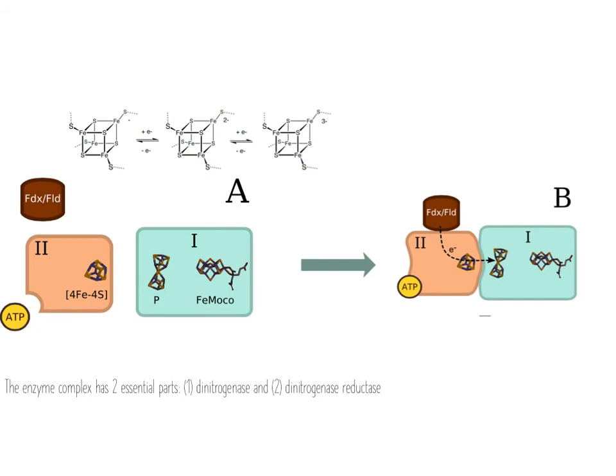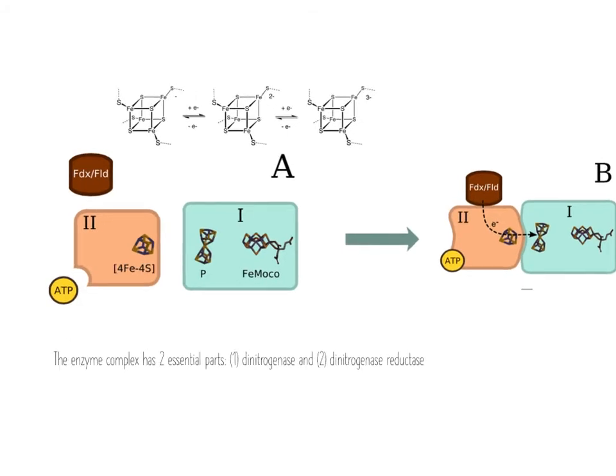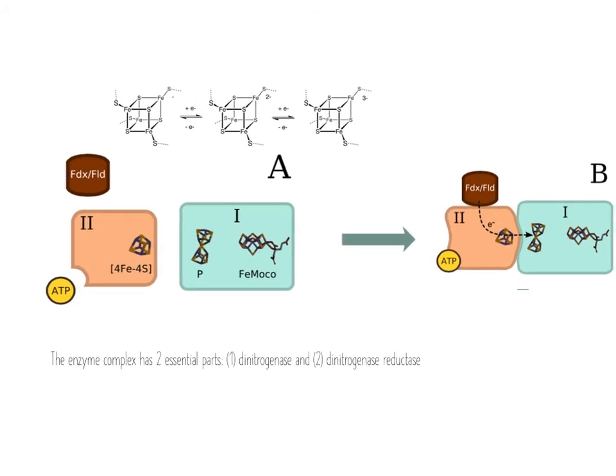All right, so let's look at the players. I got to move this over just a little bit. So there's three main players here, protein-wise. There's this FDX-FLD, that's a protein called ferredoxin. And then there are the two subunits of the nitrogenase.